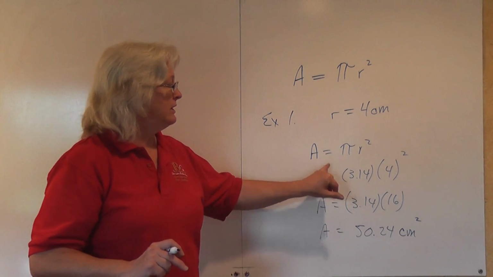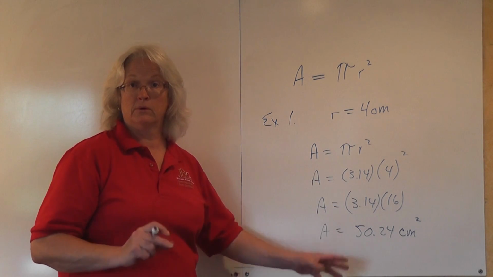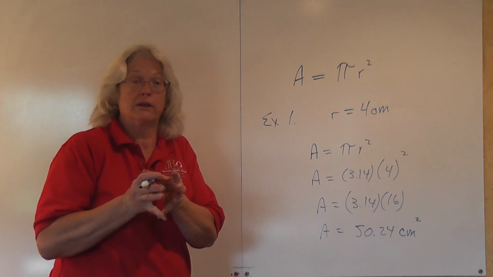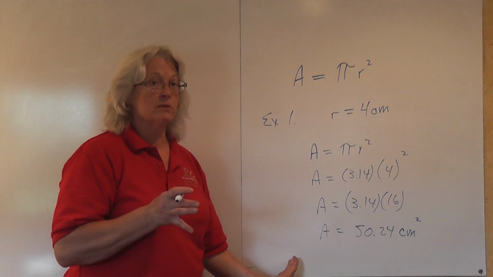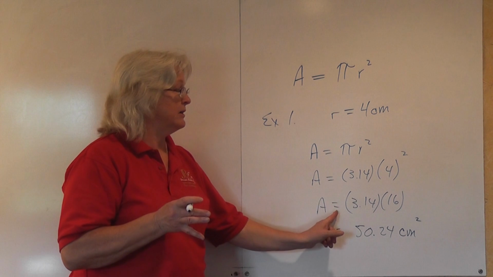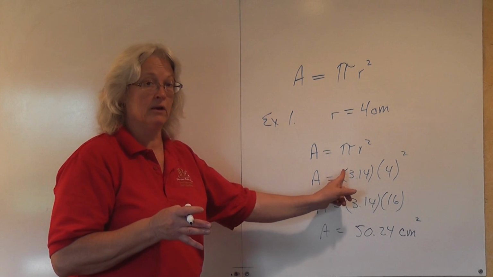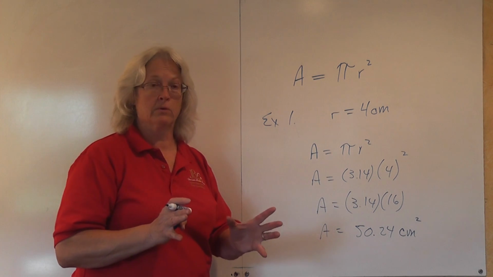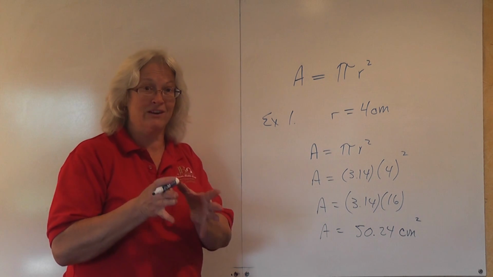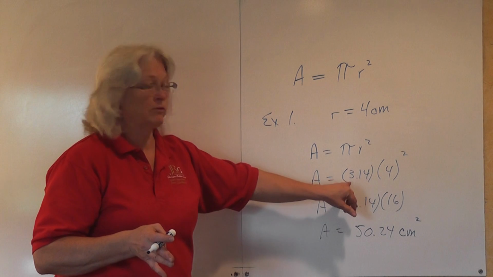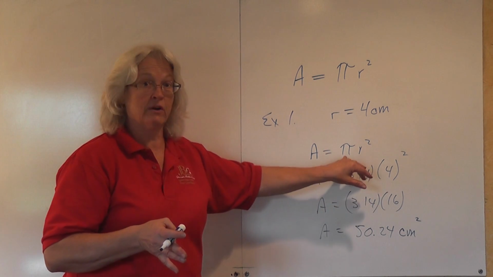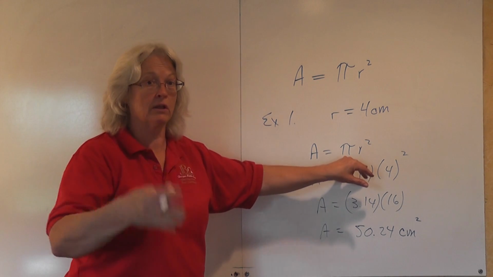Now, there's one little thing that I've done not specifically correct here. Do you see what it is? It has to do with this equal sign, and it has to do with the fact that we've used pi here. And you'll notice that in your book, pi doesn't have an exact value of 3.14. Only God knows the exact value of pi. Nobody does, because it goes on forever.